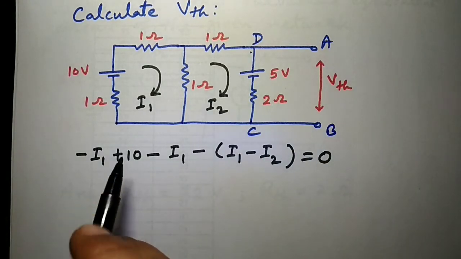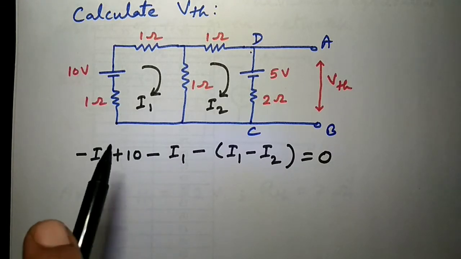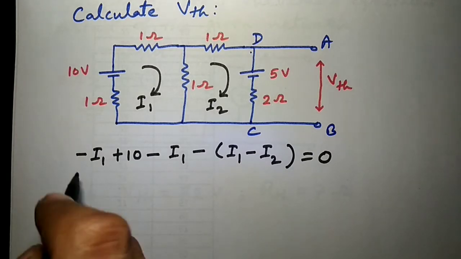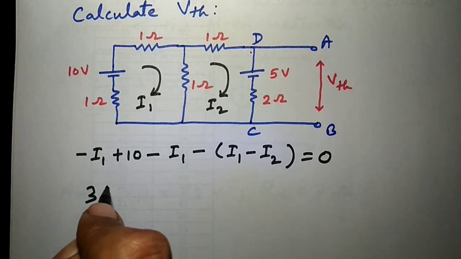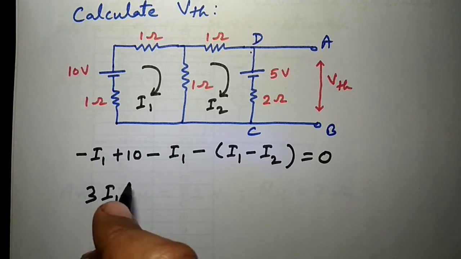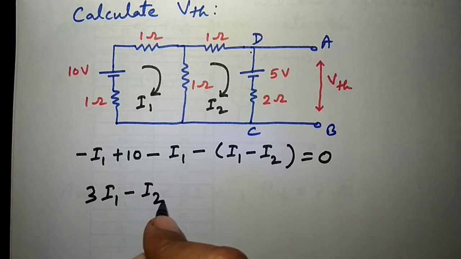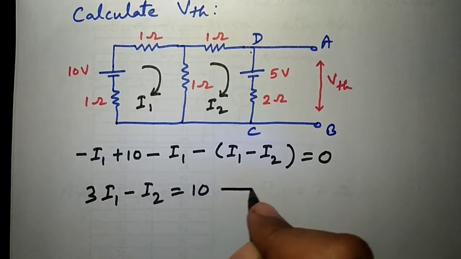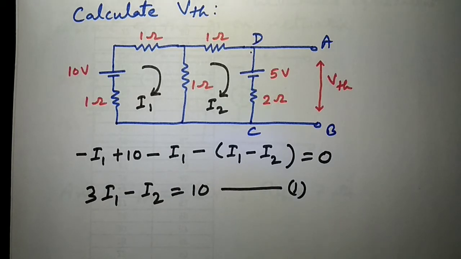We already know how to apply the KVL in mesh analysis. So after solving this equation, the simplified form will be 3I1 minus I2 is equal to 10. Let's say equation number 1.